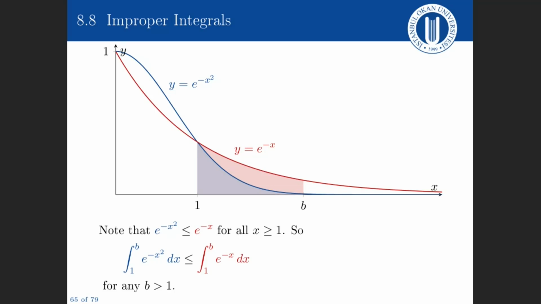That should be clearer from the graph. The red area is minus e to the power minus b plus e to the power minus 1, which is smaller than e to the power minus 1, and e to the power minus 1 is approximately 0.36788. So for all b, this blue area should be smaller than 0.36788.